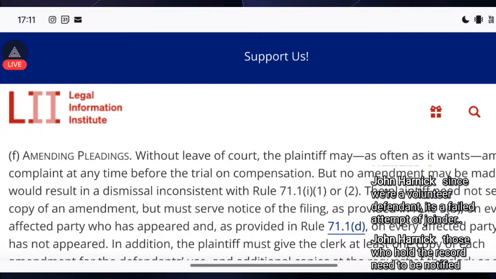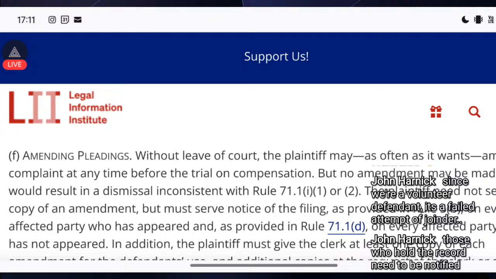Amending pleadings. Without leave of court, the plaintiff may, as often as it wants, amend the complaint at any time before the trial on compensation. But no amendment may be made if it would result in a dismissal inconsistent with Rule 71.1(i)(1) or (2).